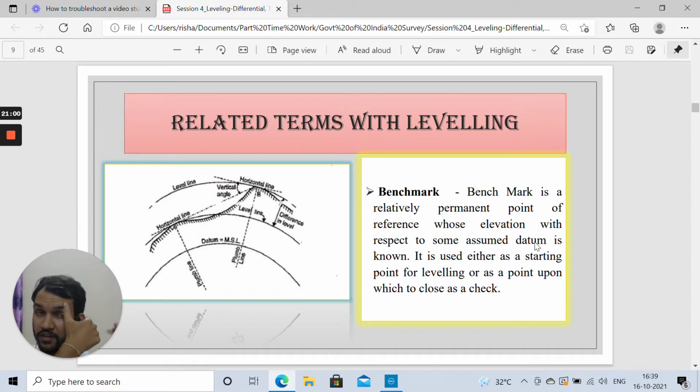So whenever we have conducted the entire survey for that location and we reach back to the same point, its RL should remain the same as where we started, and we can impose a check. Whatever the difference will be, we can get an idea of how much error we have made and in which direction, whether it is less or we have exceeded the value.